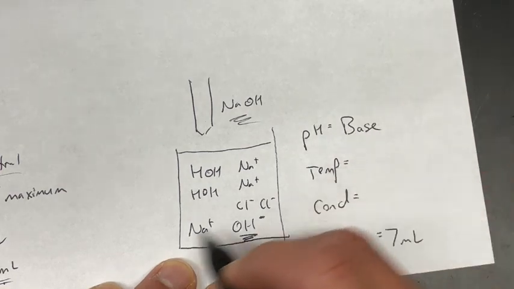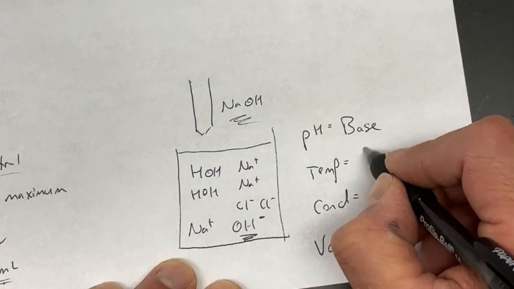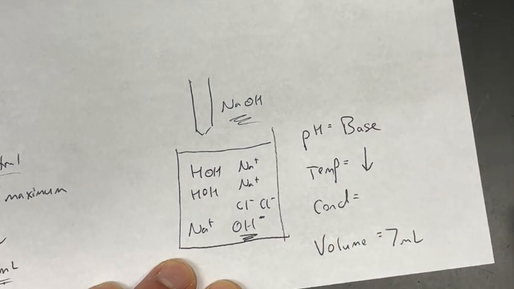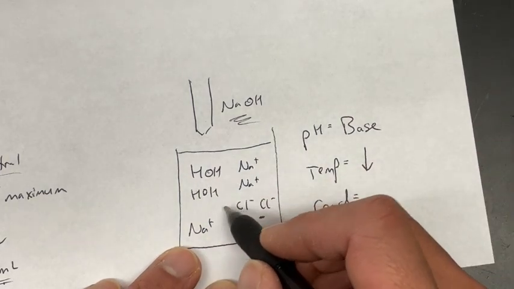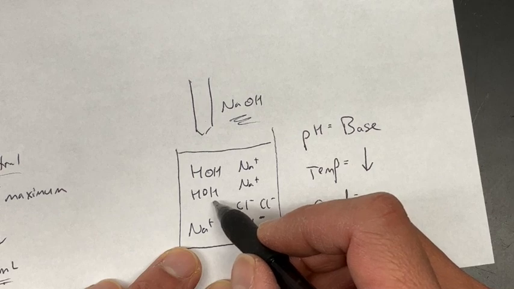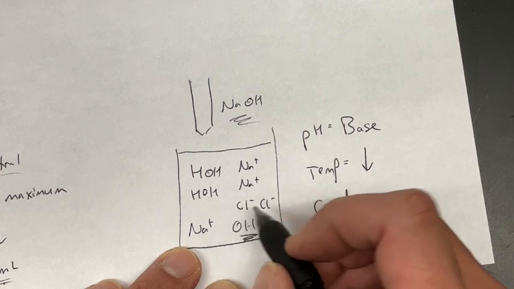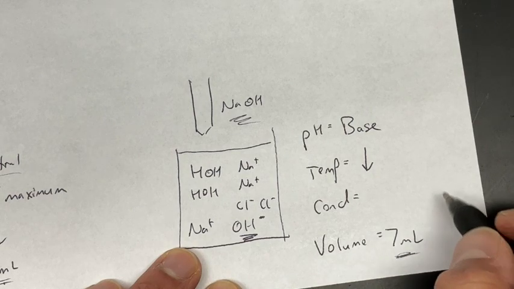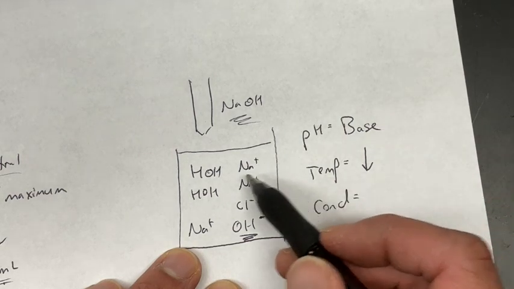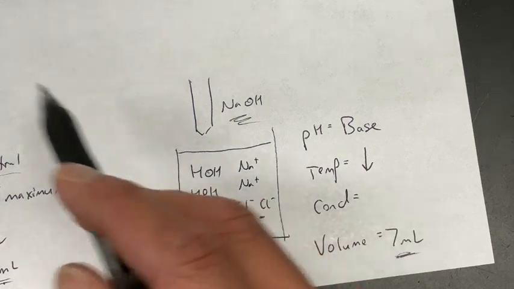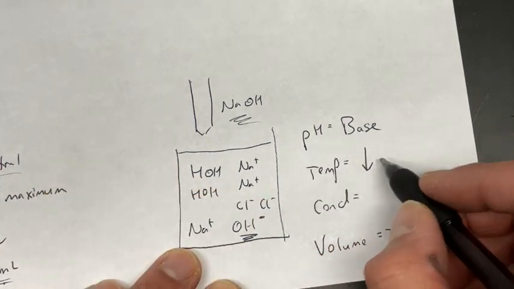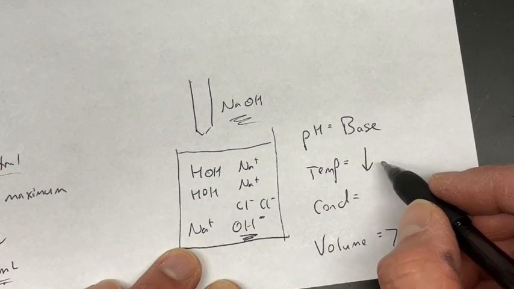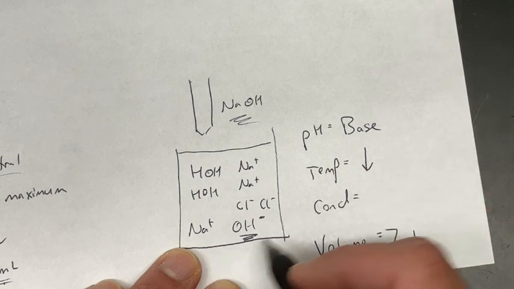Okay, so my base, the temperature, we saw that the temperature starts going back down. And why is that? Well, we haven't really made anything new, so we're not making any bonds, but I'm adding more liquid, because now it's 7 milliliters. And if you add more liquid that's colder than the starting temperature, it's just going to make it colder. So that's by just adding the liquid.